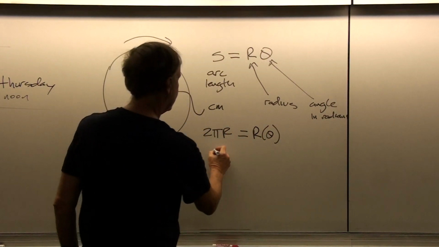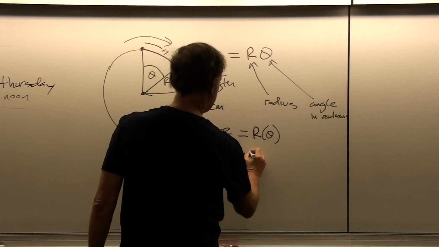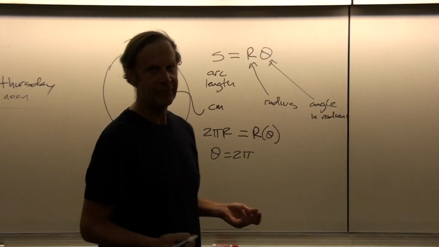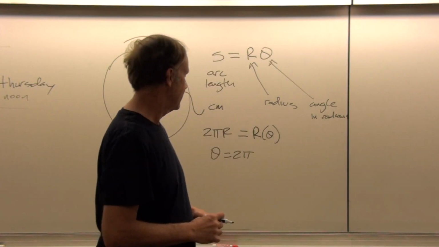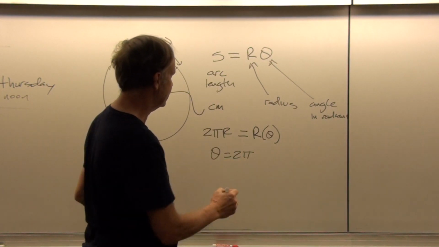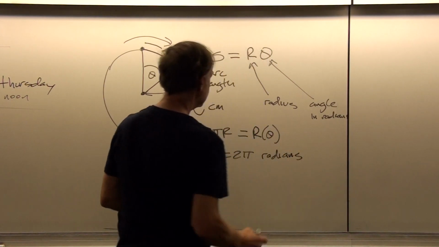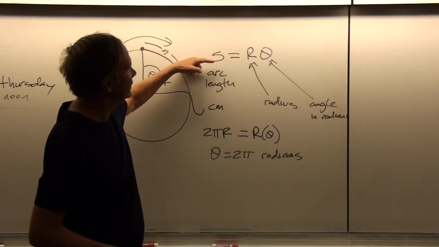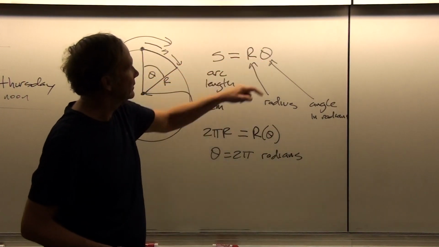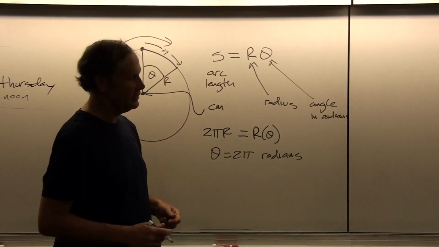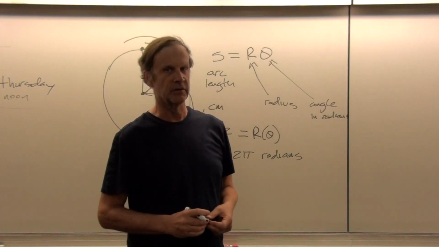And so therefore theta is equal to 2 pi. 2 pi what? Well, we've learned this before from our math classes, that this is in radian measure. So this is an easy way then to describe the arc length in terms of the angle, is to use units in which theta is measured in radians.